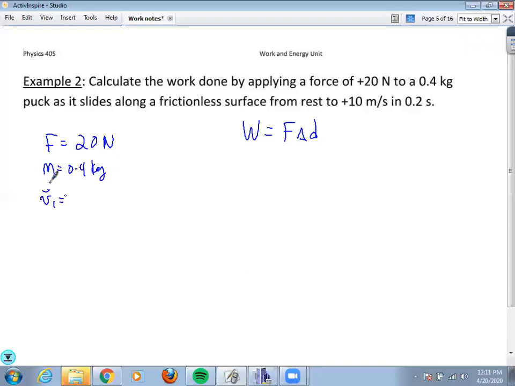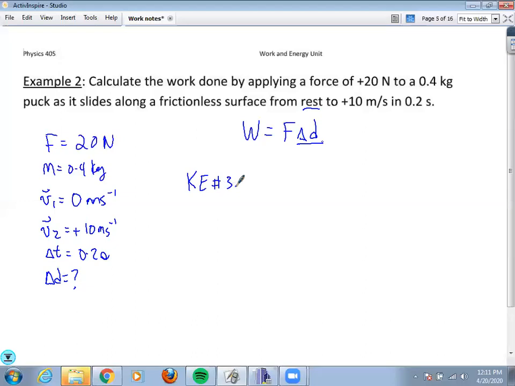V1, we know the initial velocity is at rest, so it's 0 meters per second. We know V2 is 10 meters per second. And we know delta T is 0.2 seconds. So if we think back to kinematics, we know V1, we know V2, we know delta T, and we want to find displacement. Okay, we can find displacement using kinematic equation number 3.